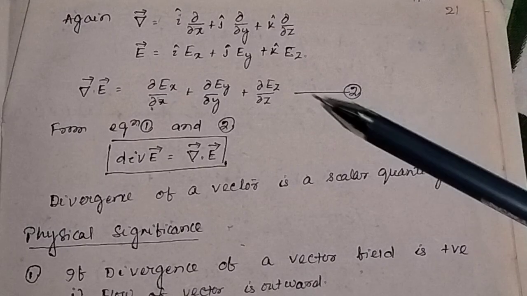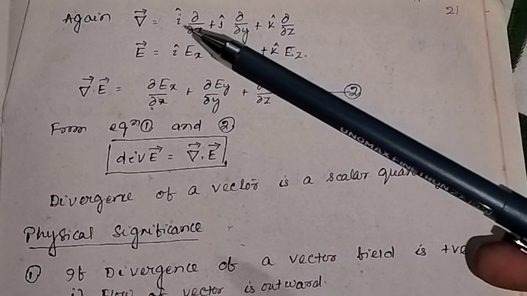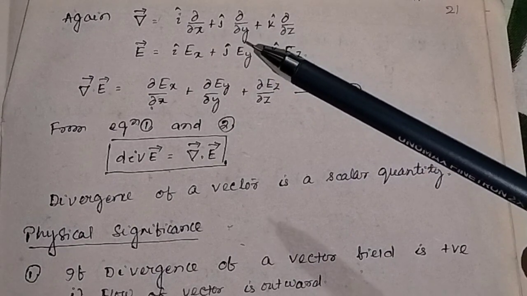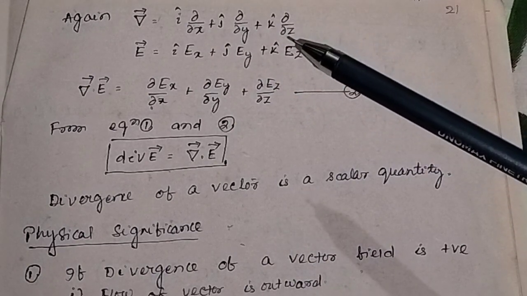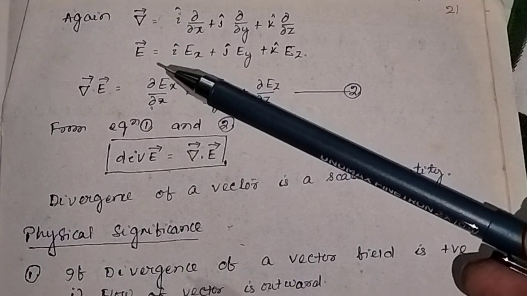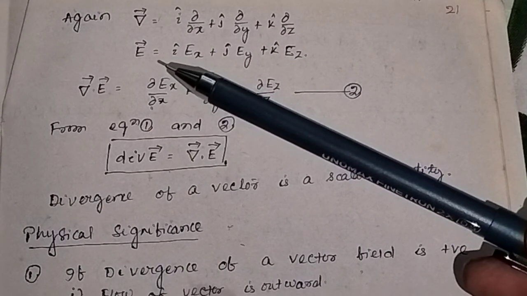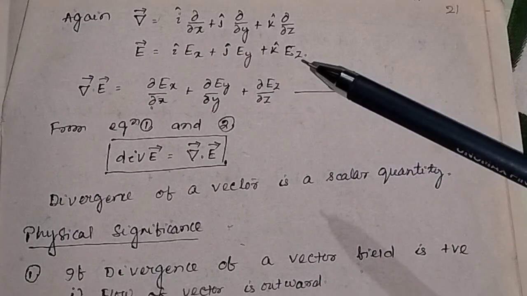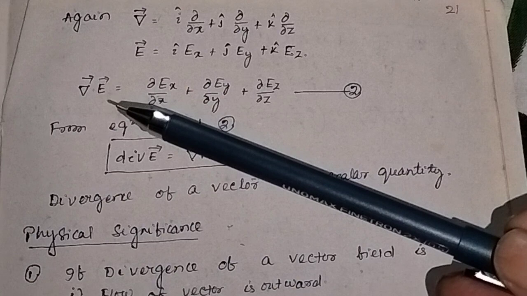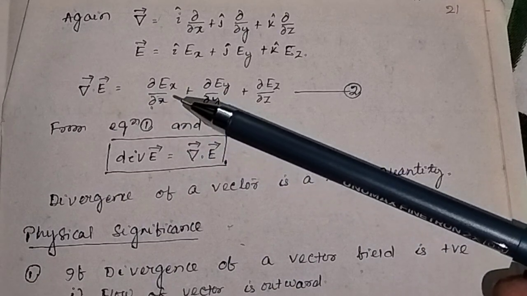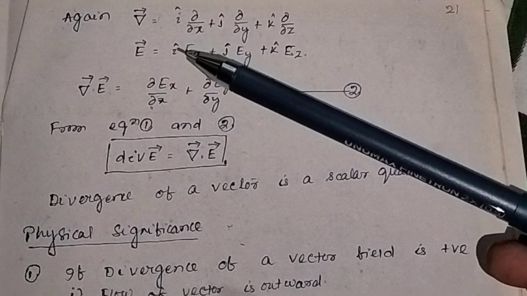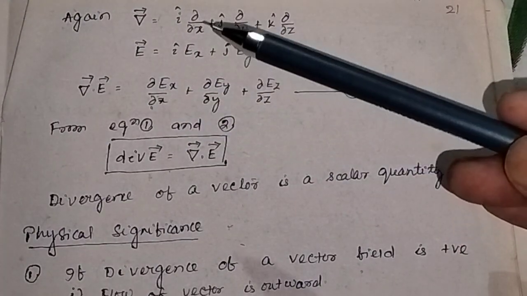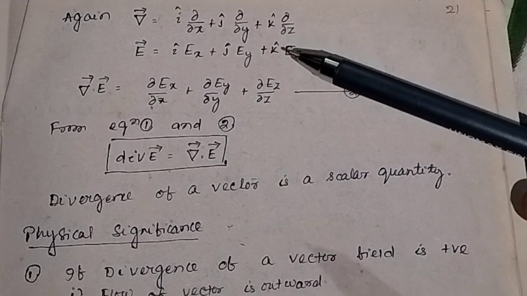In the previous video, I discussed the del operator. Del operator is equal to i cap del by del x plus j cap del by del y plus k cap del by del z, and the vector is equal to i cap Ex plus j cap Ey plus k cap Ez. So what will be del dot E? When you take the dot product, i cap dot i cap is 1, j cap dot j cap is 1, k cap dot k cap is 1.